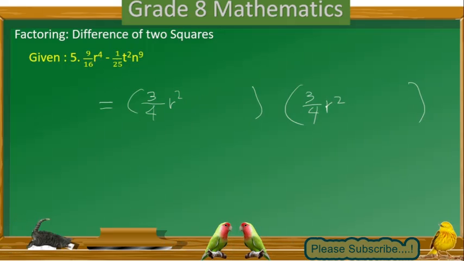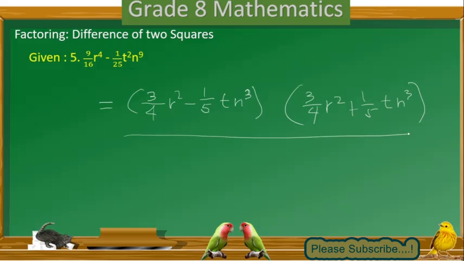Then copy the given sign. Then here is opposite. Then 1 over 25. The square root of 1 is 1. The square root of 25 is 5. We also write it here. Then square root of t squared, that is t. The square root of n to the 9, that is n cubed. Also write it here. Okay, that is the factored form of the given.